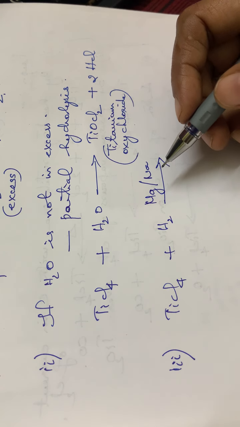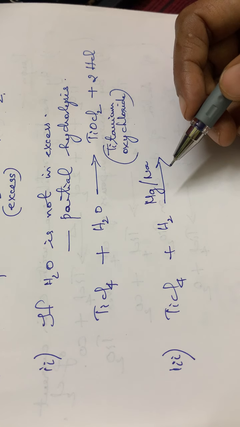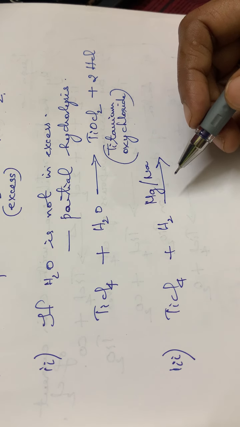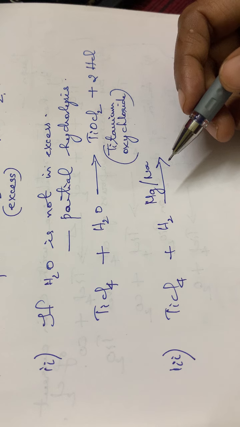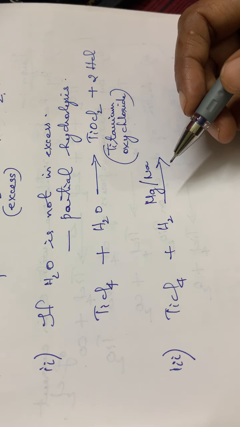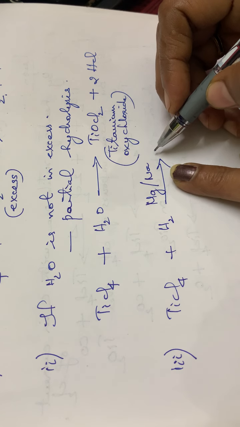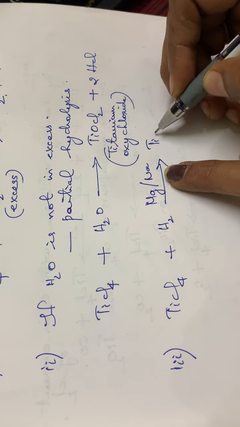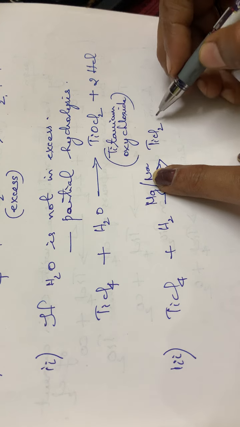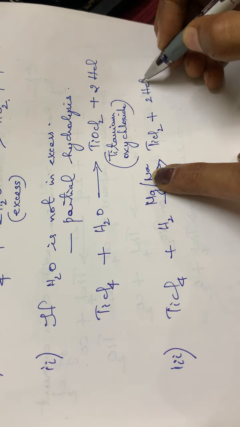It can also be reduced by using a silent electric discharge, or by using amalgamated sodium, that is Na/Hg. So these are some of the common reducing agents, and while using these, titanium tetrachloride will be reduced to TiCl2, titanium dichloride, plus 2HCl.